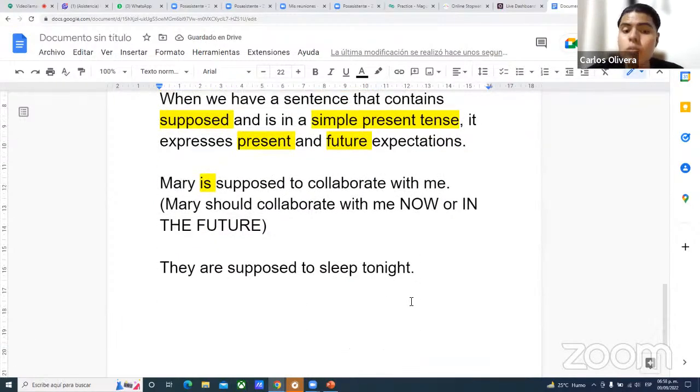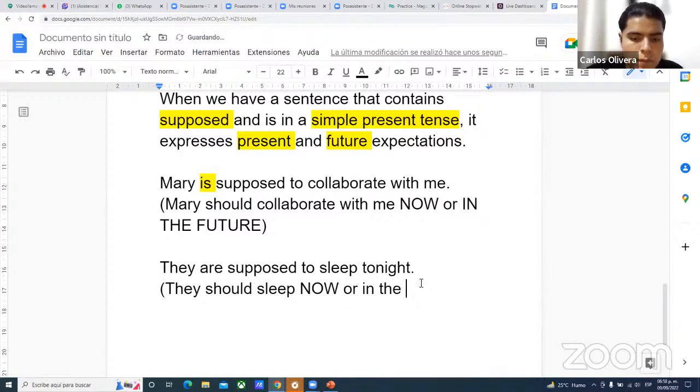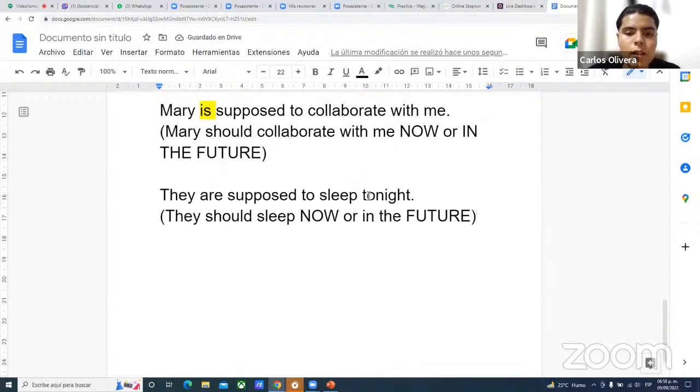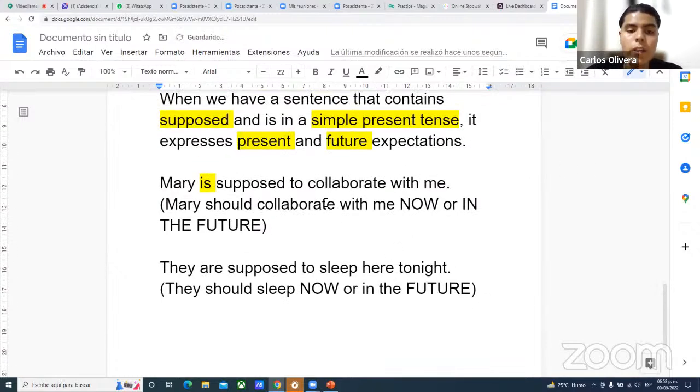Ellos están supuestos a dormir esta noche, which means that they should sleep now or in the future, never in the past. Can you see the difference, Shirley? Can you see what I mean here?